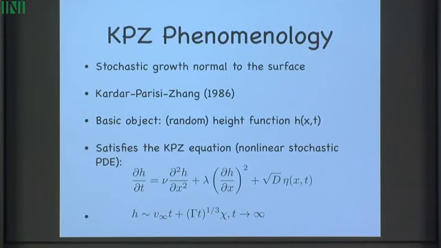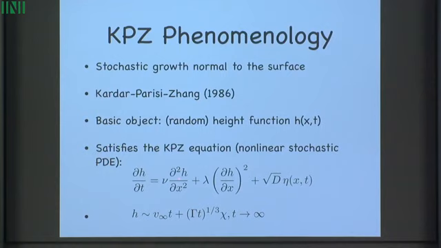Tom, in the earlier lecture, described some of this. There's a KPZ phenomenology, and we restrict ourselves to stochastic growth normal to the surface. And this is what Kardar, Parisi, Zhang, henceforth KPZ, looked at in 1986. And they said the basic object, as I just said, is a random height function, h of x and t. And they argued that this height function satisfies a stochastic PDE, where this is the diffusion constant.